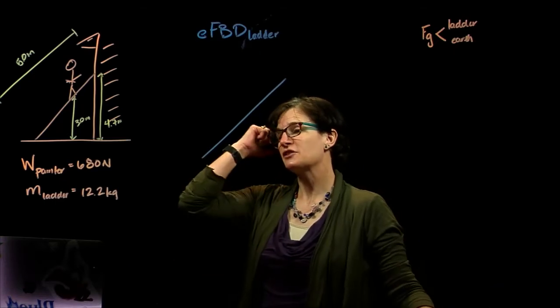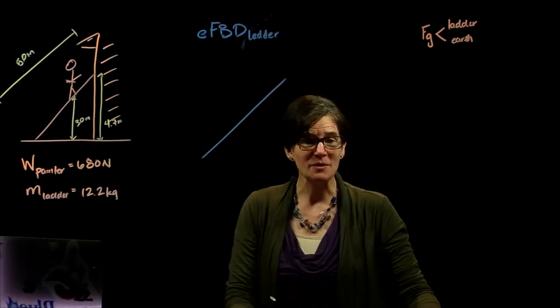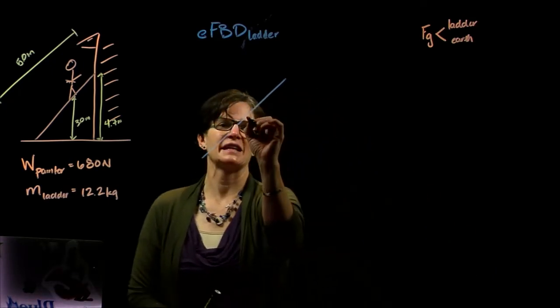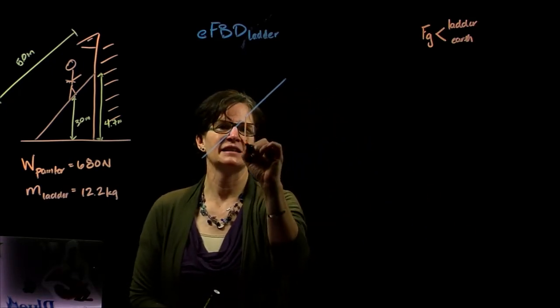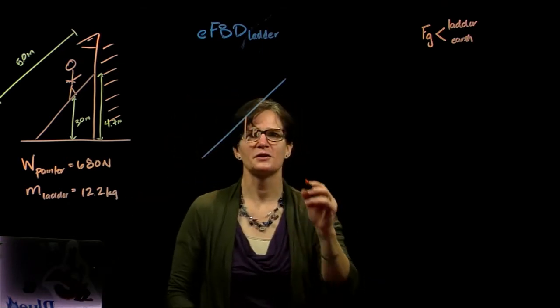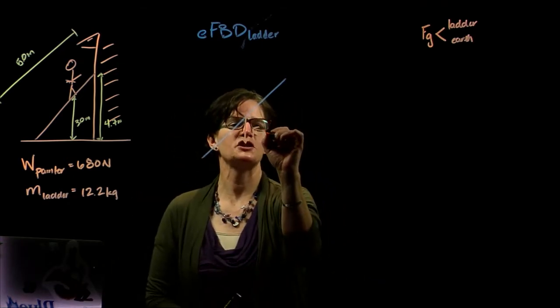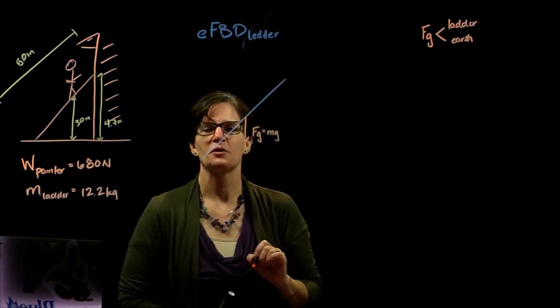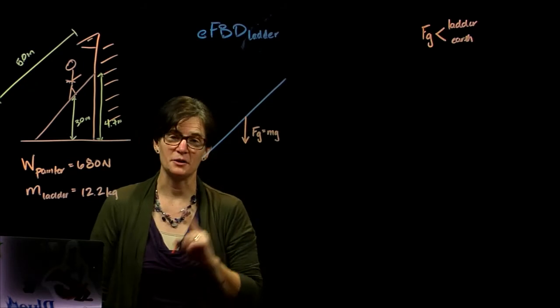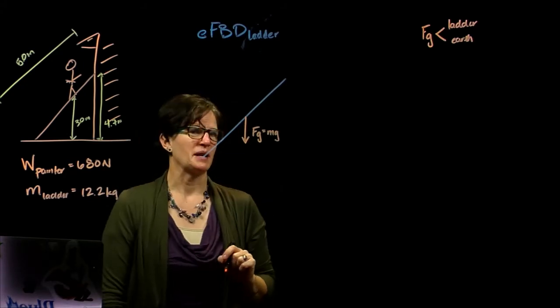And so the center of a uniformly distributed object is the geometric center. So the force of gravity on the ladder is going to act directly at the geometric center of the ladder. So there's the force of gravity. Remember, that's mg. So we know that the mass of the ladder is 12.2, but to get the force of gravity of the ladder, we have to, of course, multiply that by 9.8.